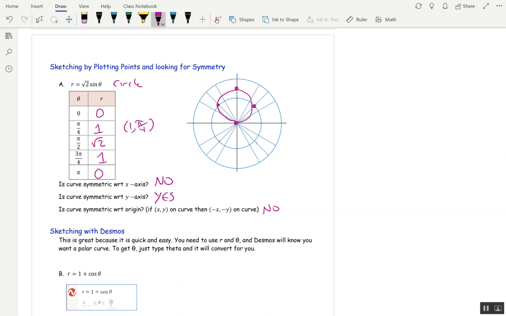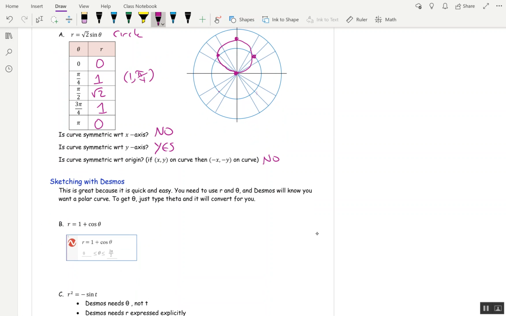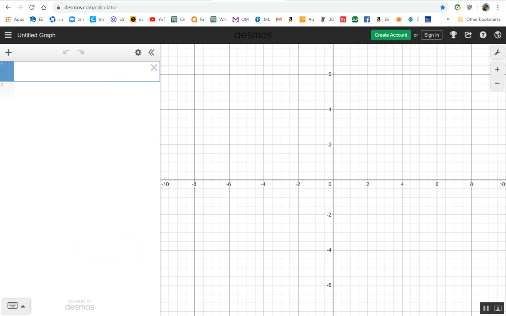Okay, so a number of your homework questions want you to sketch a polar curve, and I put in the instructor tips, use Desmos. So let's just see how that works. r equals 1 plus cos theta. Let's go to Desmos and type in r equals 1 plus cos, and then just type in the word theta, T-H-E-T-A.